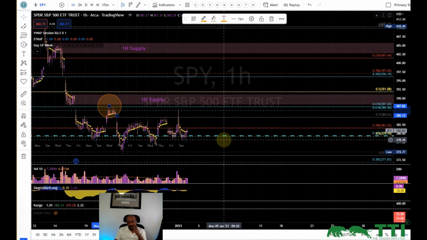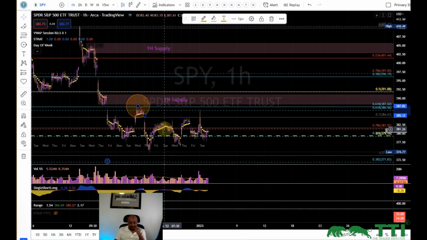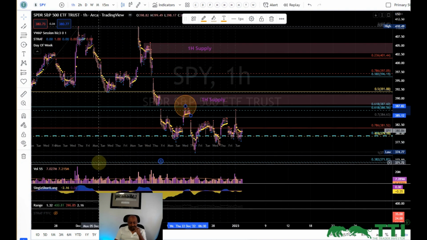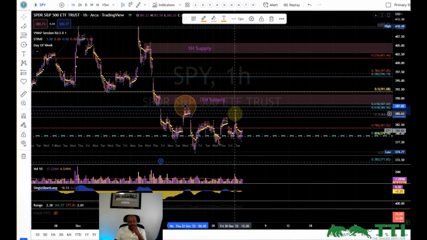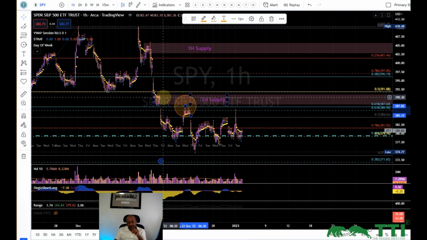On that area right there that you circled, is the reason why you didn't draw that as a supply zone because it's already closed? You mean because of this guy? Yeah. No, I didn't draw it because I felt that it was too close to this one. Yeah.